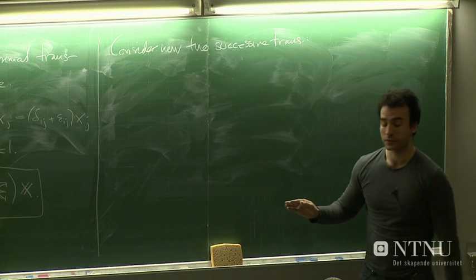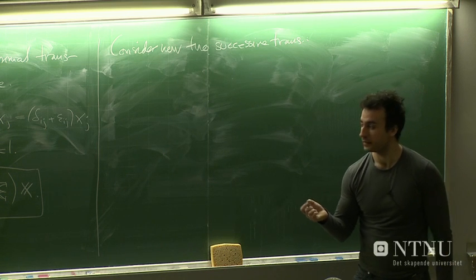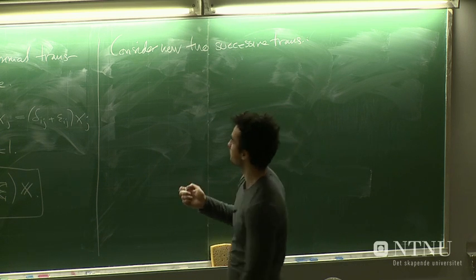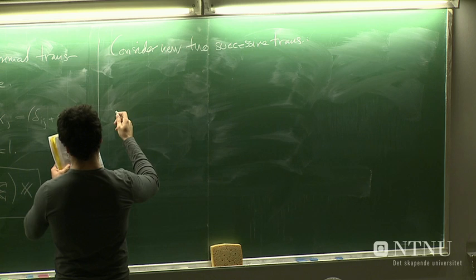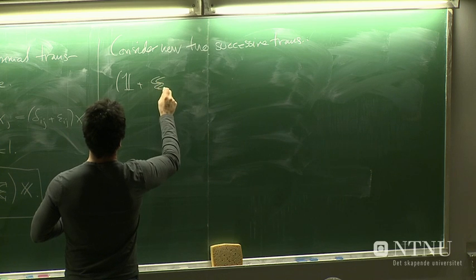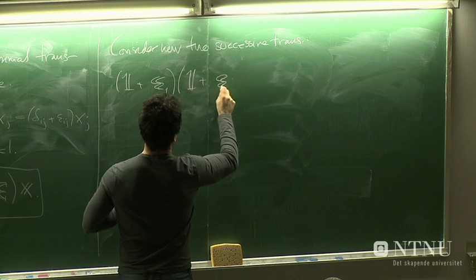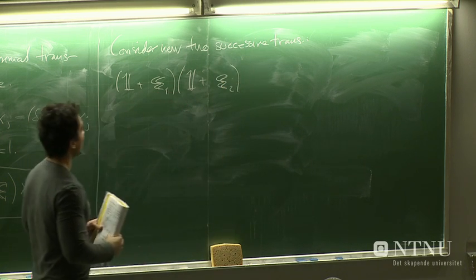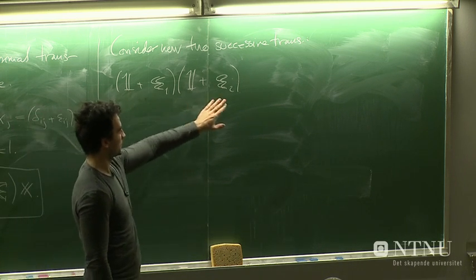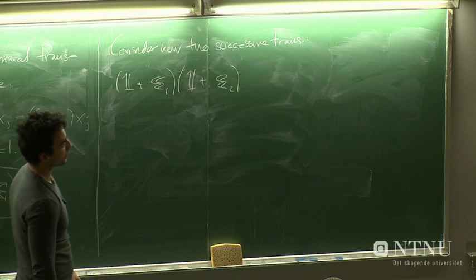So let's now consider two successive transformations to see if the order really is unimportant. Two successive transformations would look like this, where epsilon 1 and epsilon 2 correspond to the two different rotations.